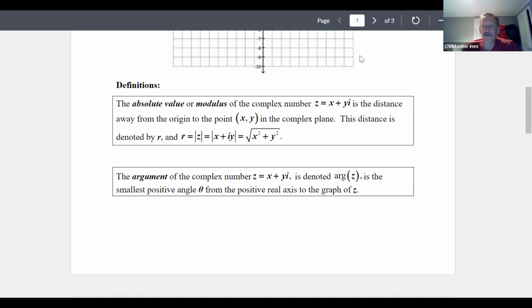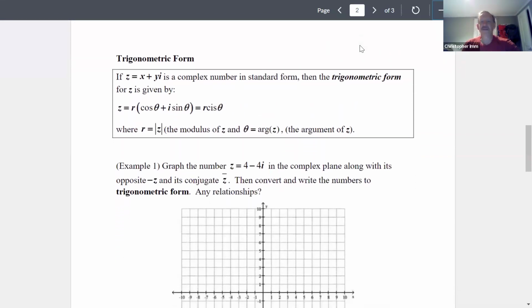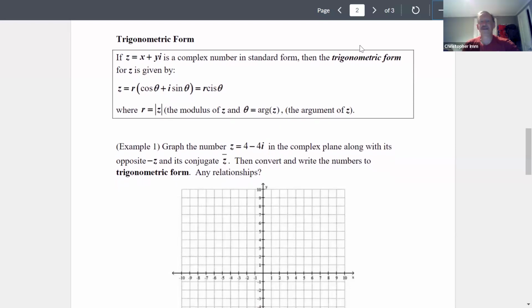The argument of a complex number is like the direction for a vector. If we're given a complex number, we denote that angle, the argument, as arg z, and it's the smallest positive angle theta from the positive x-axis to the graph of z. We're going to illustrate this by an example as we go along. And we're going to use these to write our numbers in trigonometric form.